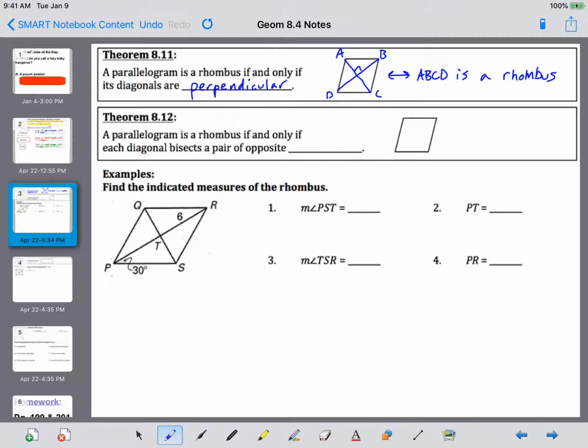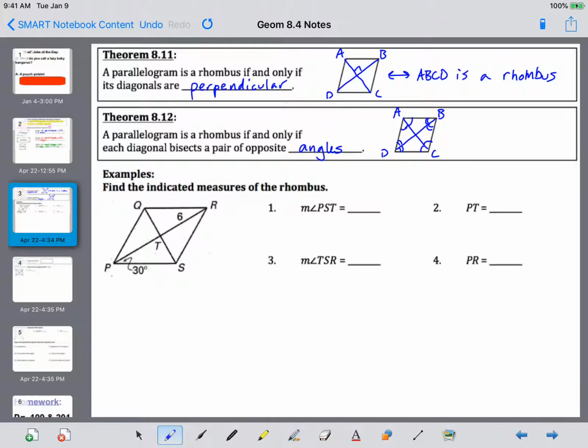The other theorem dealing with rhombuses is that a parallelogram is a rhombus if and only if each diagonal bisects a pair of opposite angles. Let's again call this ABCD, and if you have those diagonals, these two angles are congruent, these two angles are congruent, these two angles are congruent, and these two angles are congruent.